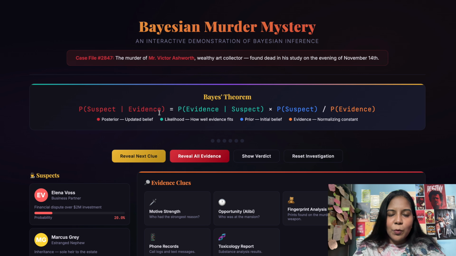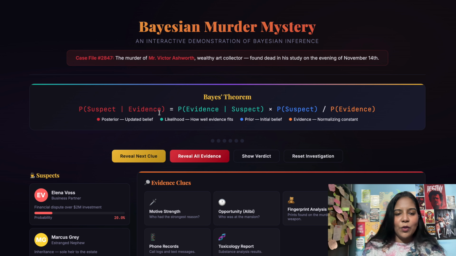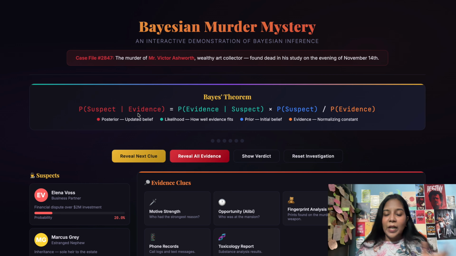Initial belief, which comes with the likelihood, and later we can come to a conclusion based on the data that it has. So here we have the variables. A and B are nothing but your suspect and evidence, because among those features that I had, I just concluded with these two variables.